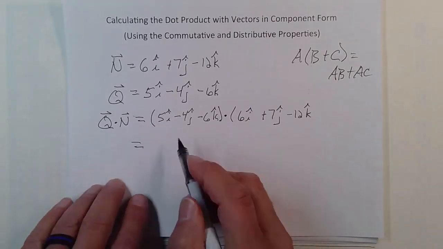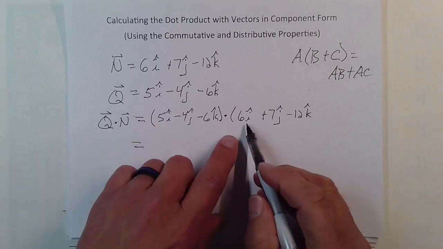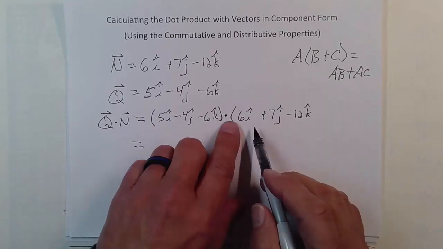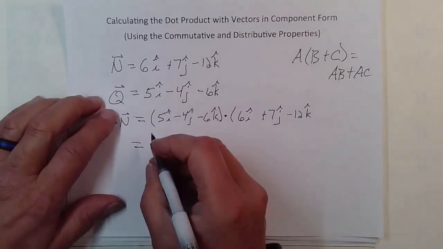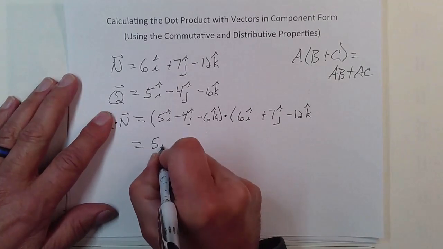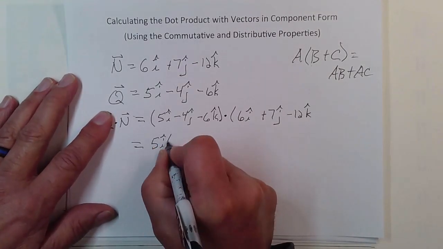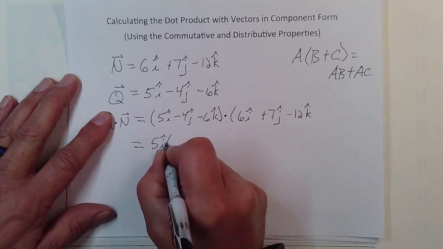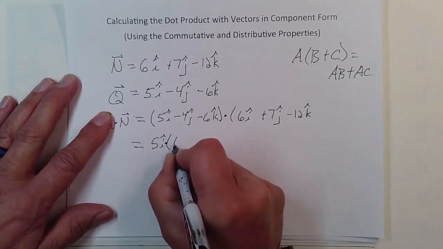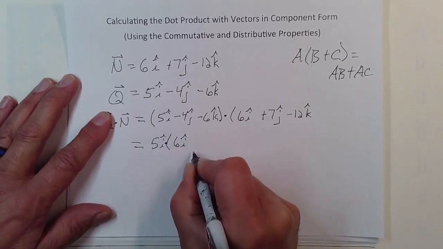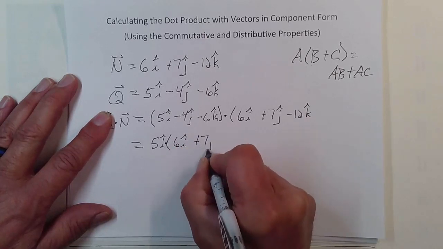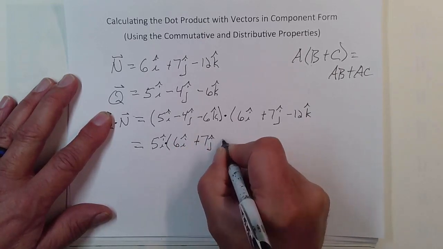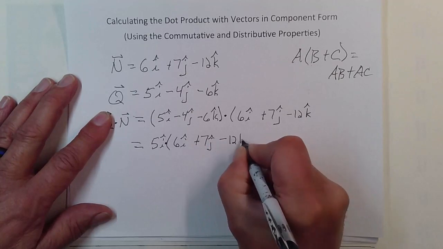But the first thing I do, I'll take this 5i hat and distribute its multiplication across all three of these things. So I'll have 5i hat dotted with 6i hat plus 7j hat minus 12k hat.